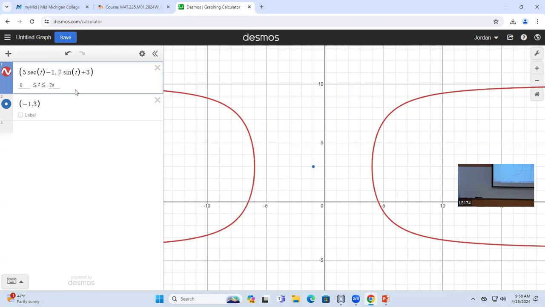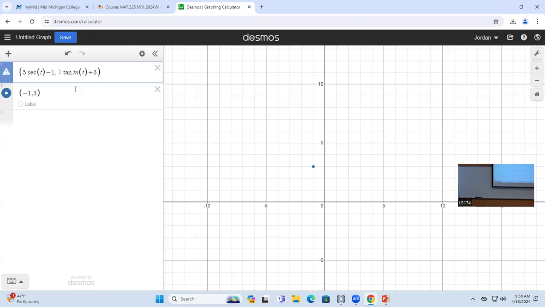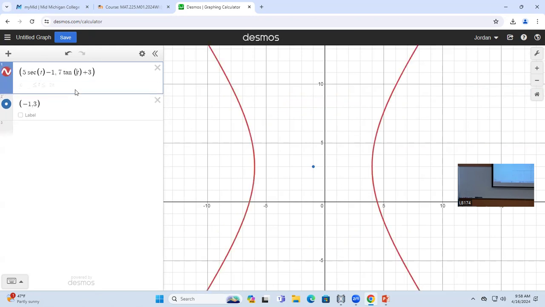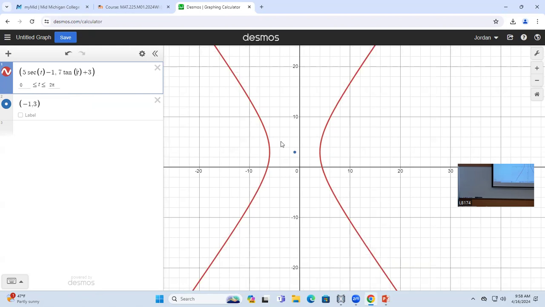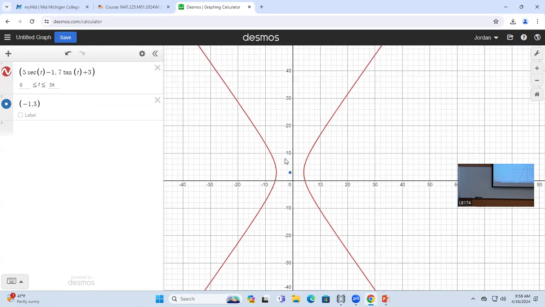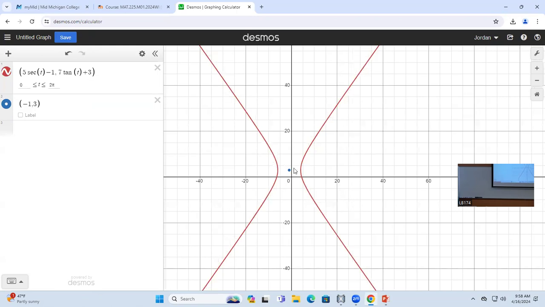If I do secant and tangent, notice that I'm getting a set of parametric equations which produces a hyperbola.